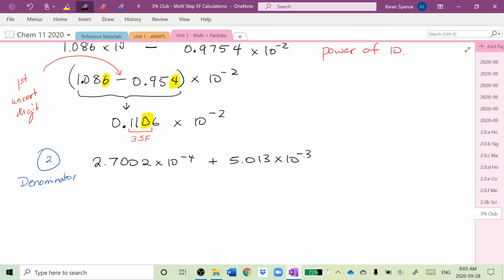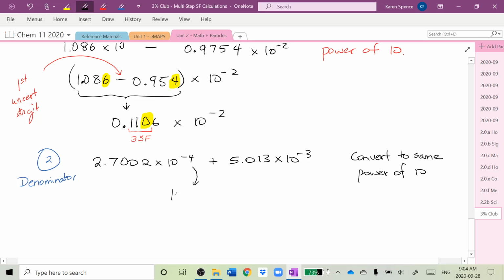Okay. And again, because I am adding and I have different powers of 10, I must convert to the same power of 10. So I'm going to convert to the larger power of 10. So I'm going to take my 10 to the negative 4 and turn it into 10 to the negative 3, because I'm going to make it the same as that 10 to the negative 3.